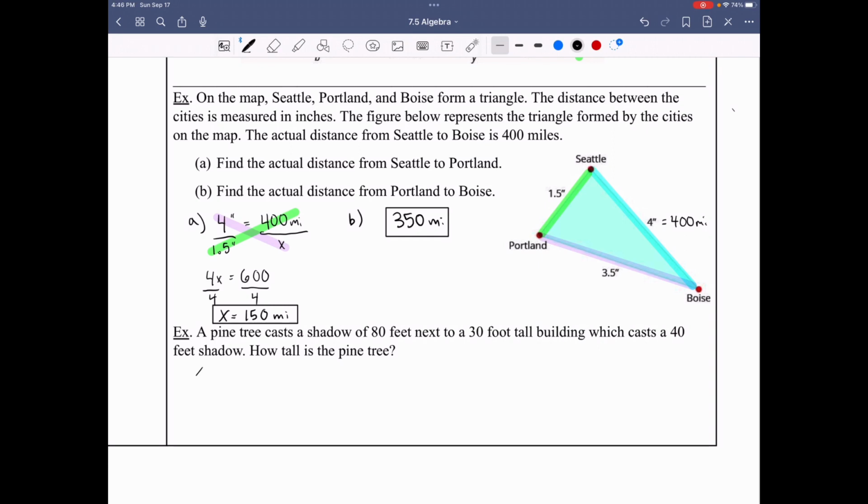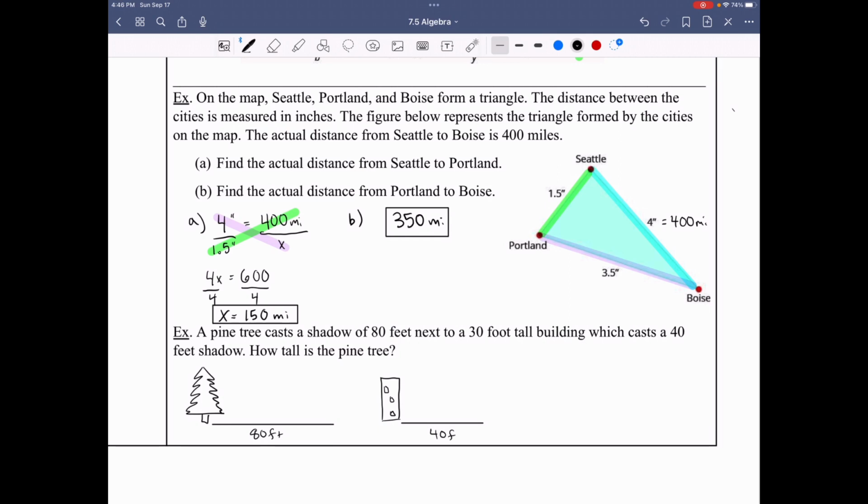Let's draw a picture. Here's the tree, and it has an 80-foot shadow. Here's the building, and it has a 40-foot shadow.